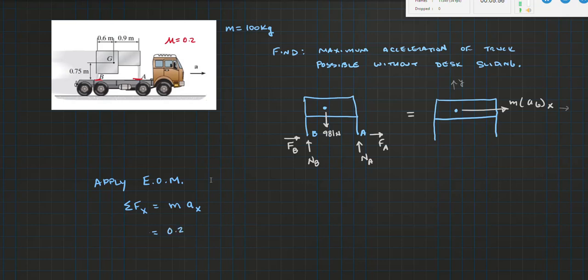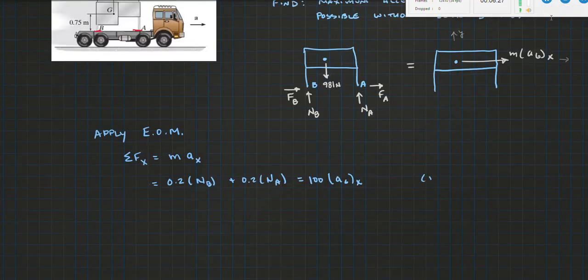So 0.2 times the normal at B plus 0.2 times the normal at A equals mass times the acceleration of G in the x direction, and our mass is 100 kilograms. All right, that's our first equation. It looks like we have 3 unknowns in it, so let's deal with that by creating some other equations.